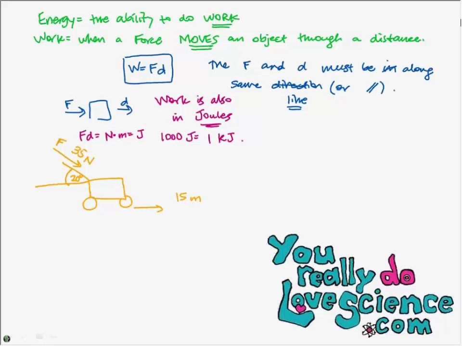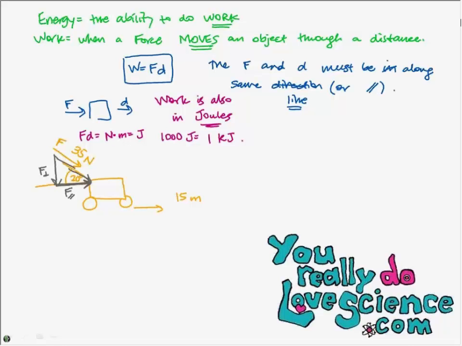what you have to do is break apart the components of the 35, and you'll say, okay, this person is pushing down and over. This is the force perpendicular to the ground, and this is the force parallel to the ground. Which one do we need?